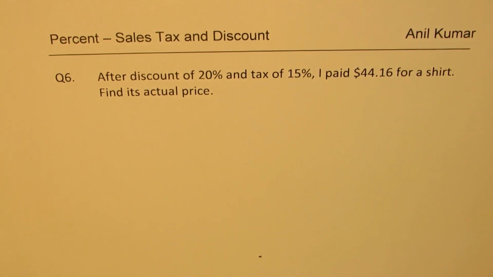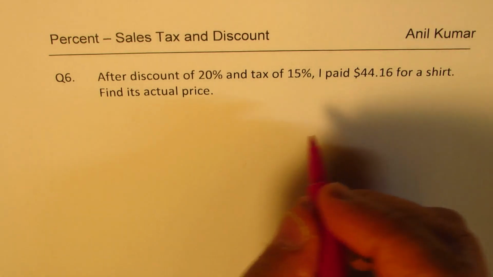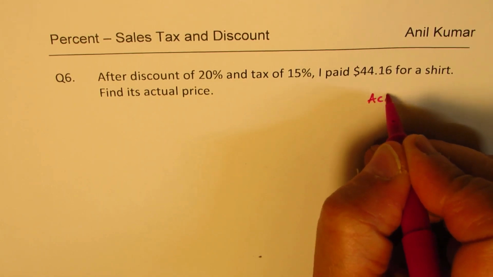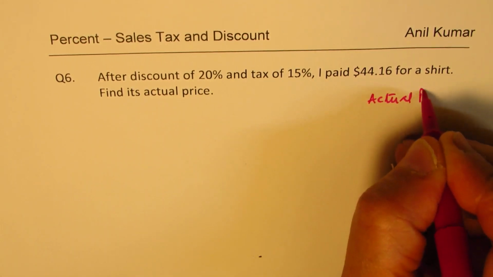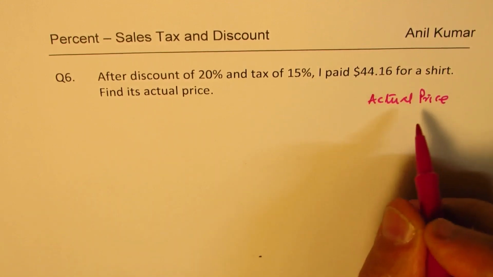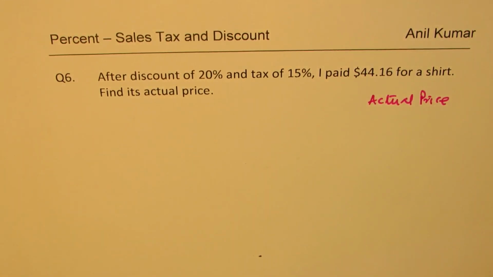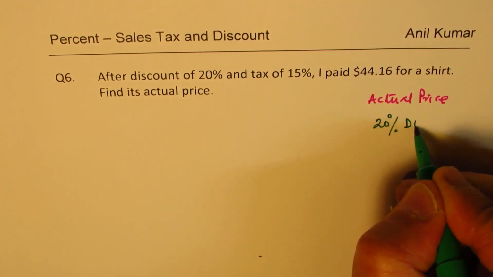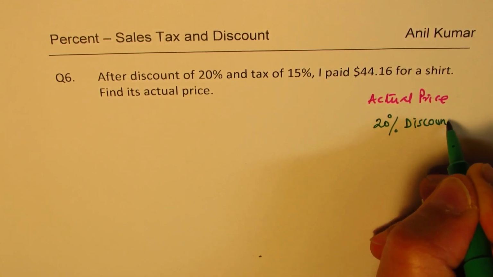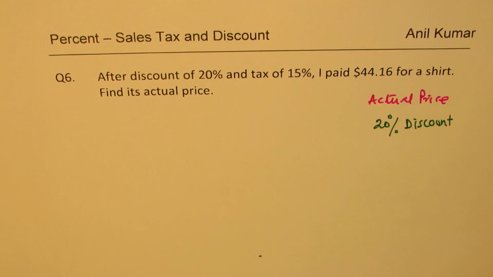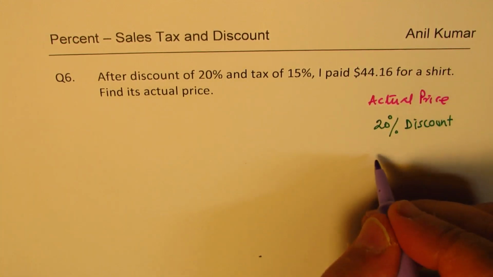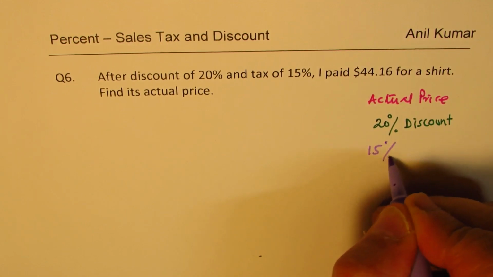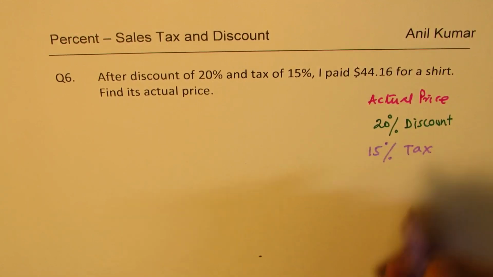All right, so we have the actual price right there. On the actual price, we'll have a 20% discount. And on the discounted price, we are going to have 15% tax.